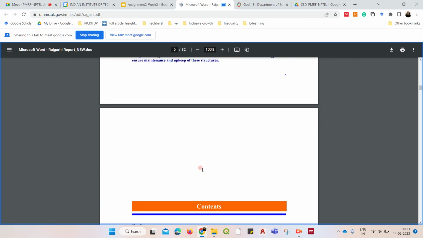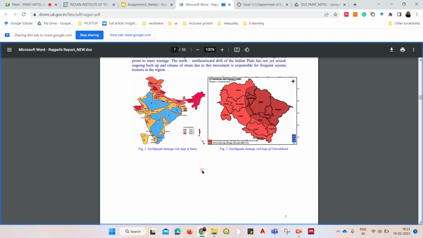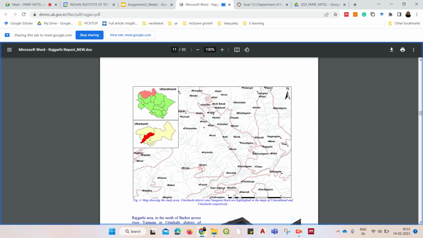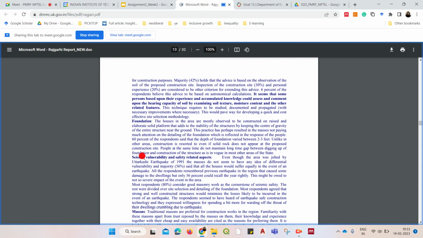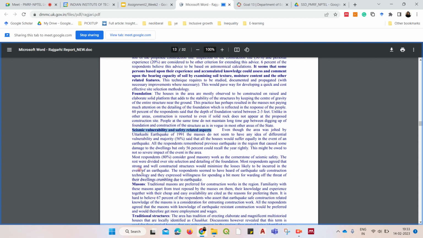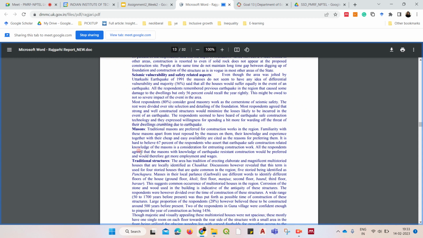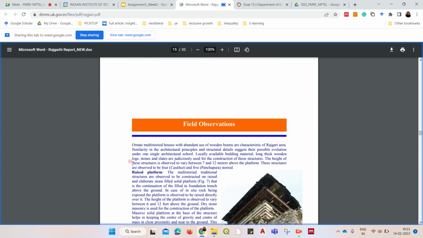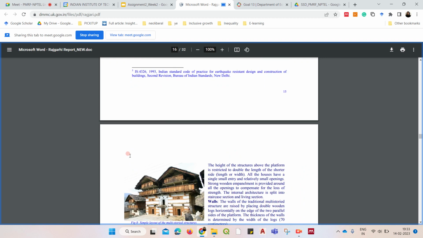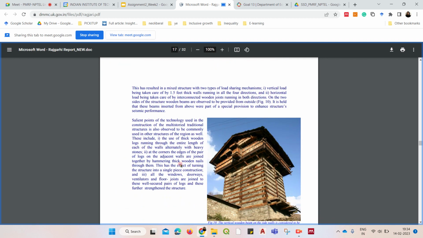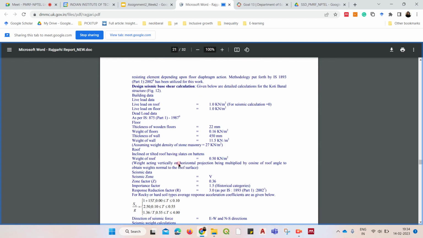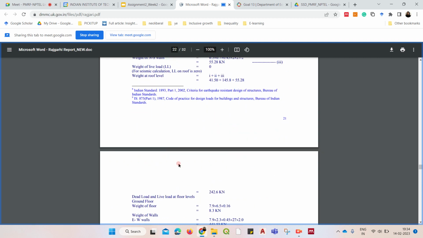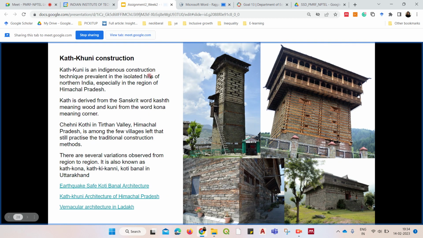It provides detailed information of these techniques, of their specific architectural components, and what kind of materials they use, how the aspect of seismic vulnerability is taken care of, what their foundations consist of, what kind of masons are used, their construction styles, the materials, everything. So you can go through these PDFs which I've shared, and you can see more.